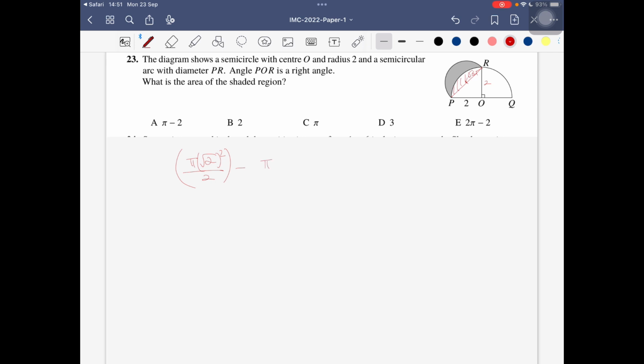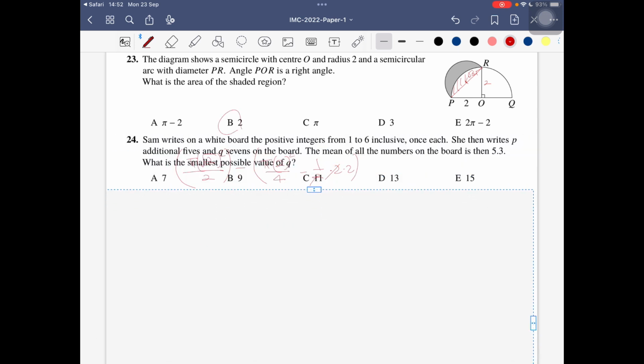So pi r squared, but this is a quarter of the circle, minus 2 and 2. So pi minus 2. So this is 2.